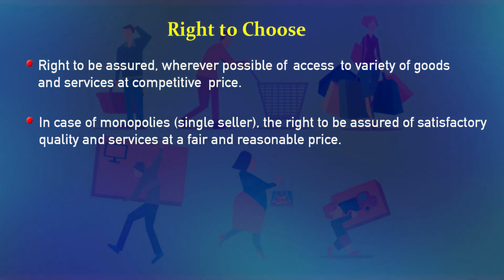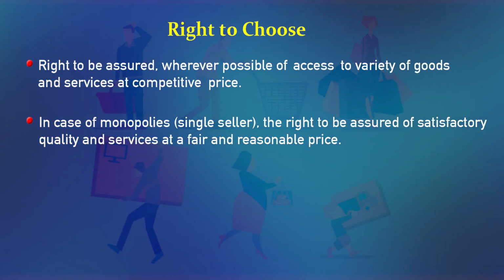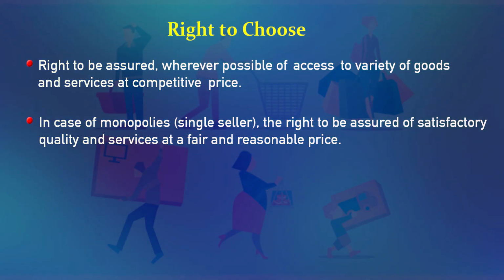So in the case of a monopoly, a single seller, there is the right to be assured of satisfactory quality and services at fair and reasonable prices. Even a monopolist has a duty to ensure, to the satisfaction of the consumers, that the quality of the goods sold and the services offered are available at fair and reasonable prices.